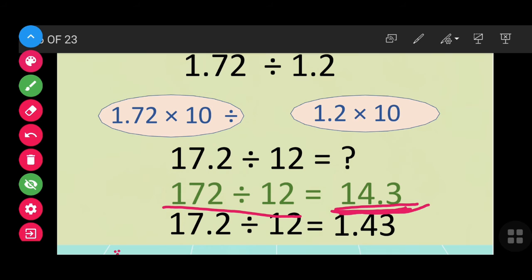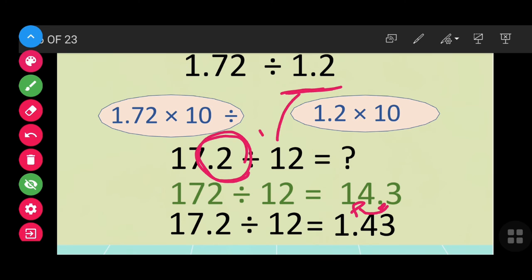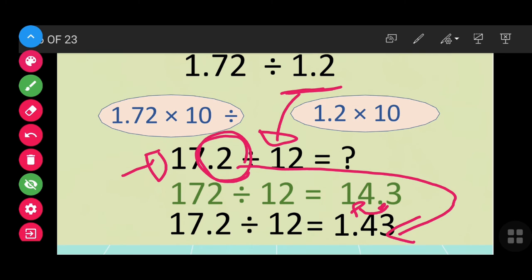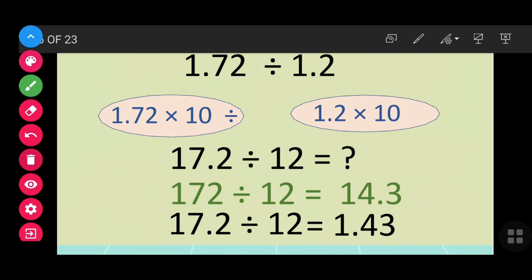But the decimal we have in the sum here will be depicted in the final answer. Okay, so what happened? This decimal had to shift one more forward. Why? Because here we have one decimal. Okay, after changing the divisor into a whole number, even when we still have a decimal in the dividend, you have to show it in the final answer. Okay, hope you understood it.